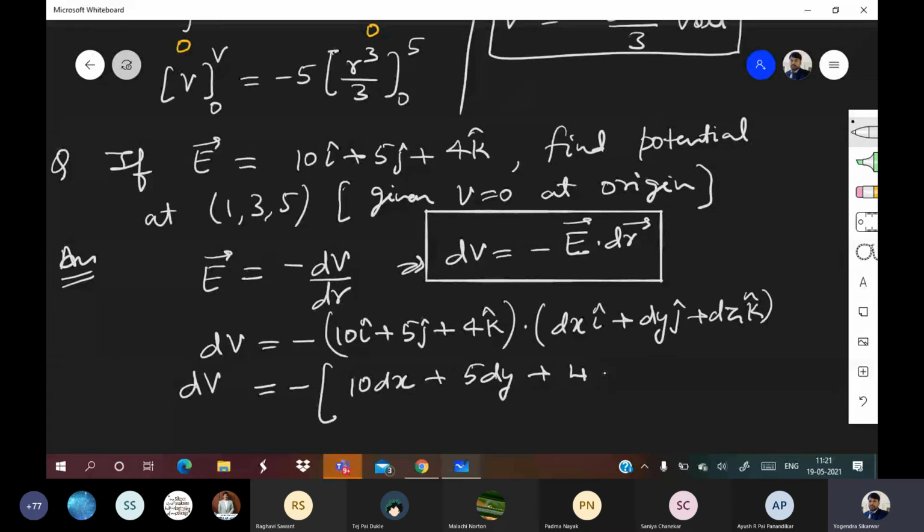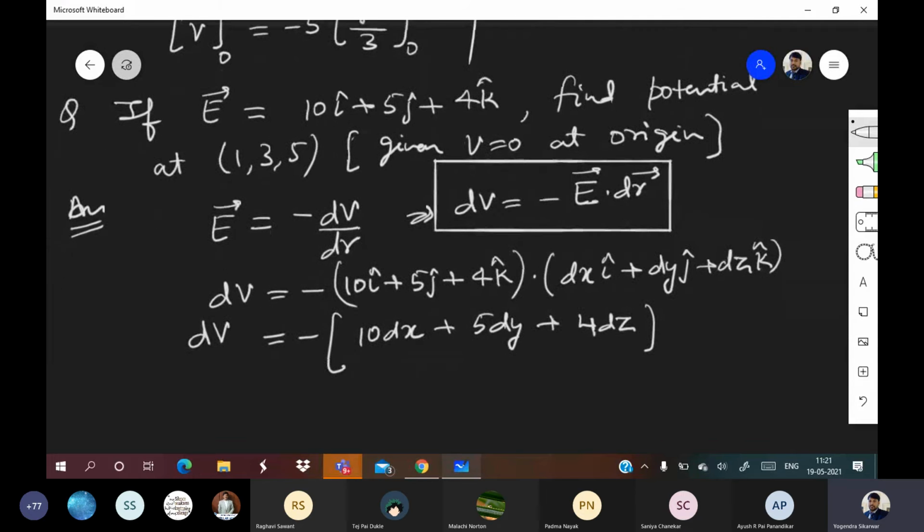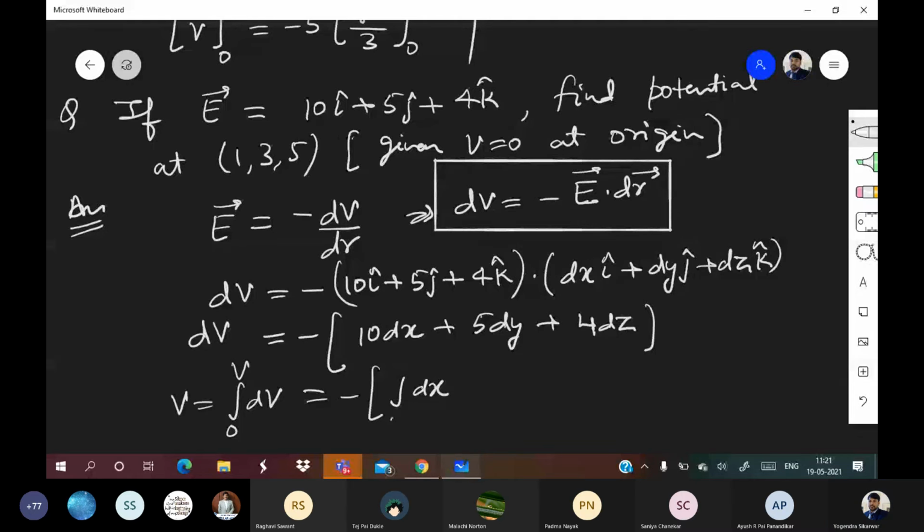So V is equal to integration dV, from 0 to V, is equal to minus, which is outside, 10 integration dx, and limit is from 0 to 1, plus 5 integration dy, limit is from 0 to 3, plus 4 integration dz, and limit is from 0 to 5.